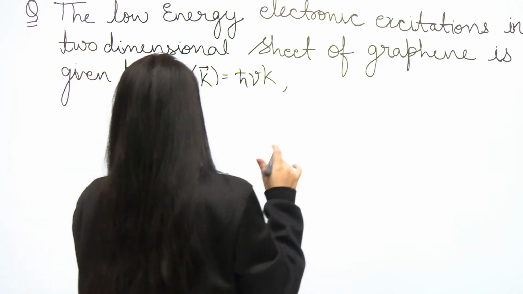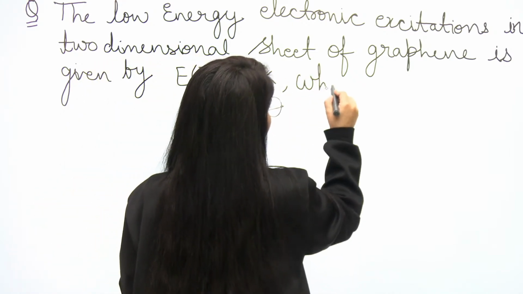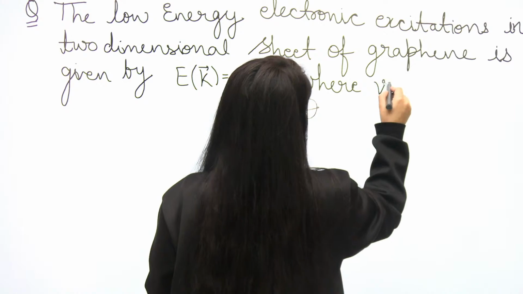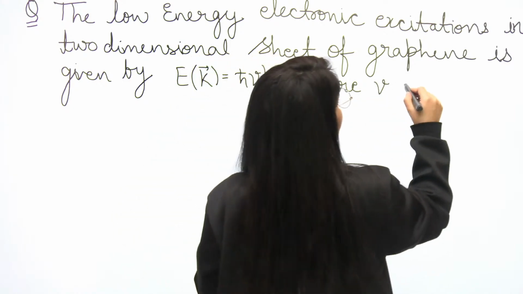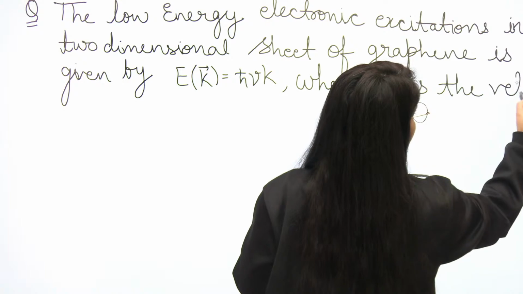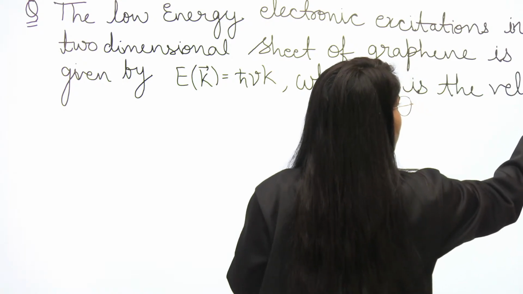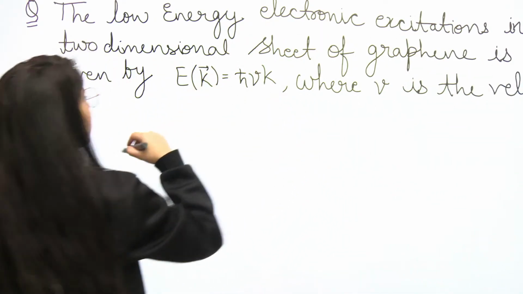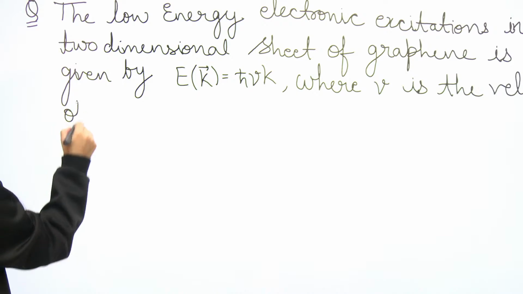It's better because here they have taken this symbol for velocity, where V is the velocity of the excitations.